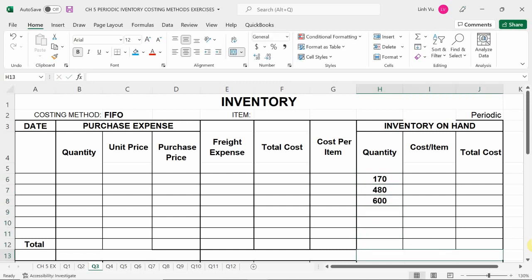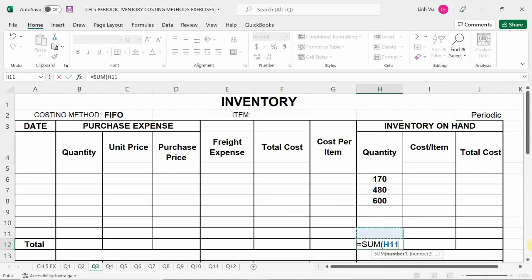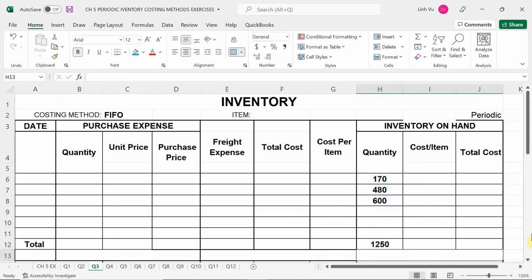Right, my totals should be that 1,250, and that should also equal this right here.